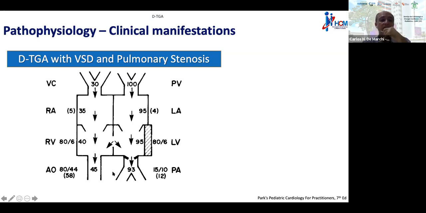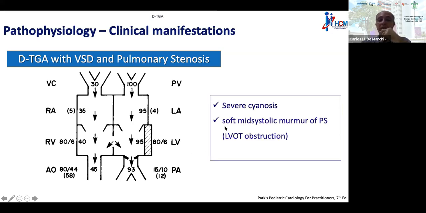Okay, this is the child with severe cyanosis. We can have a soft mid-systolic murmur of pulmonary stenosis, the left ventricle outflow tract obstruction. Okay, these are the four scenarios: small ASD, large ASD, large VSD, and large VSD with pulmonary stenosis.